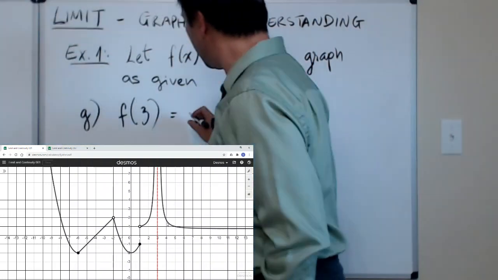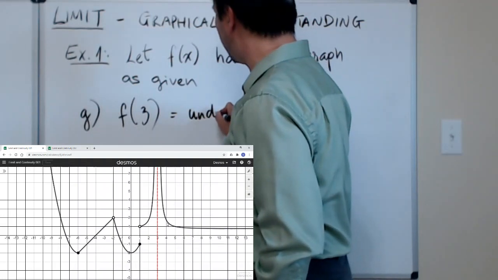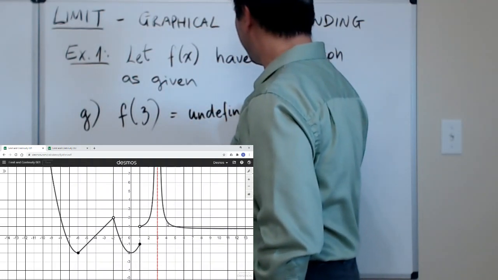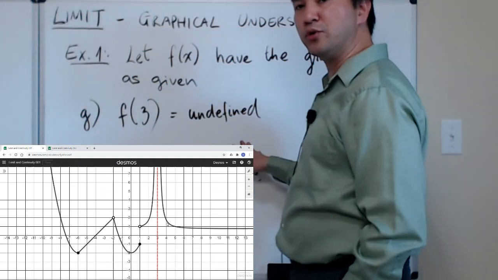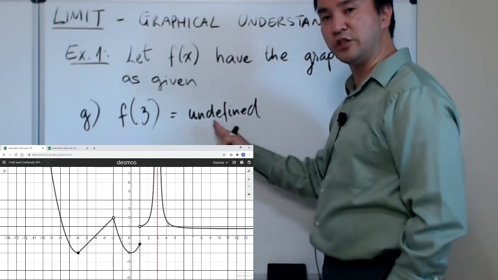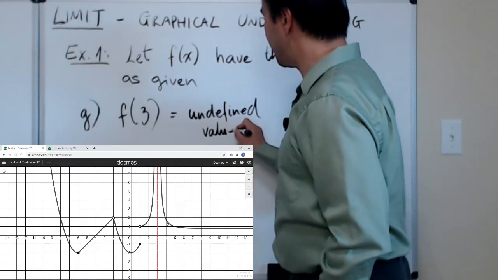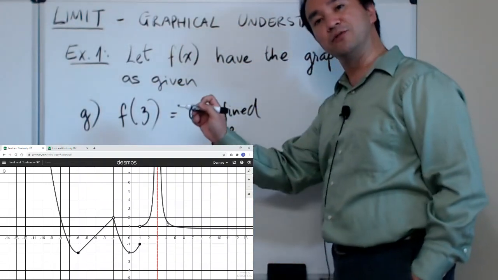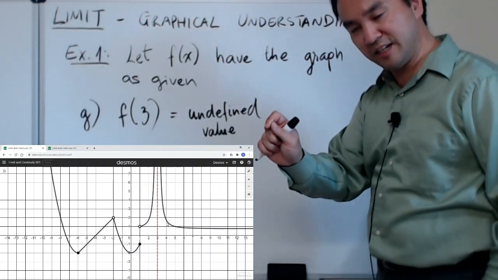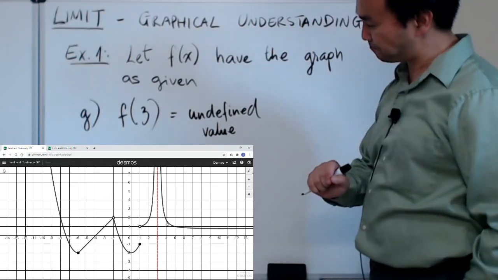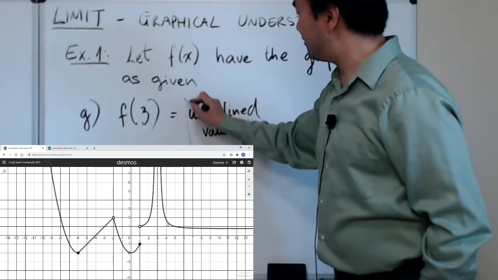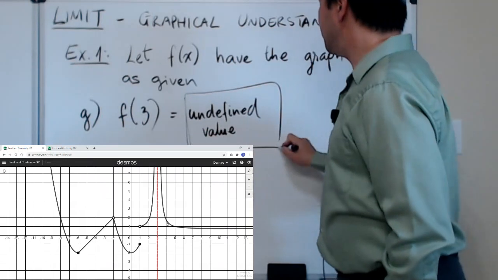So f of 3 equals undefined. So anytime we're substituting in and fail to have a value, we call that situation an undefined value. Whereas anytime we fail to find a limit, we call that a DNE, a non-existing, does not exist limit. Okay? So our value here is undefined.